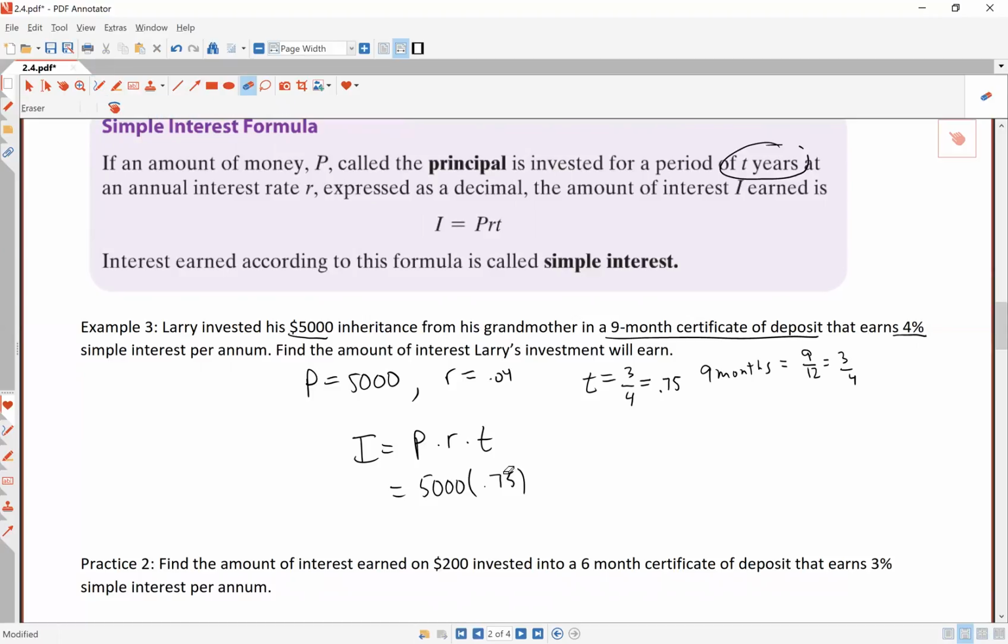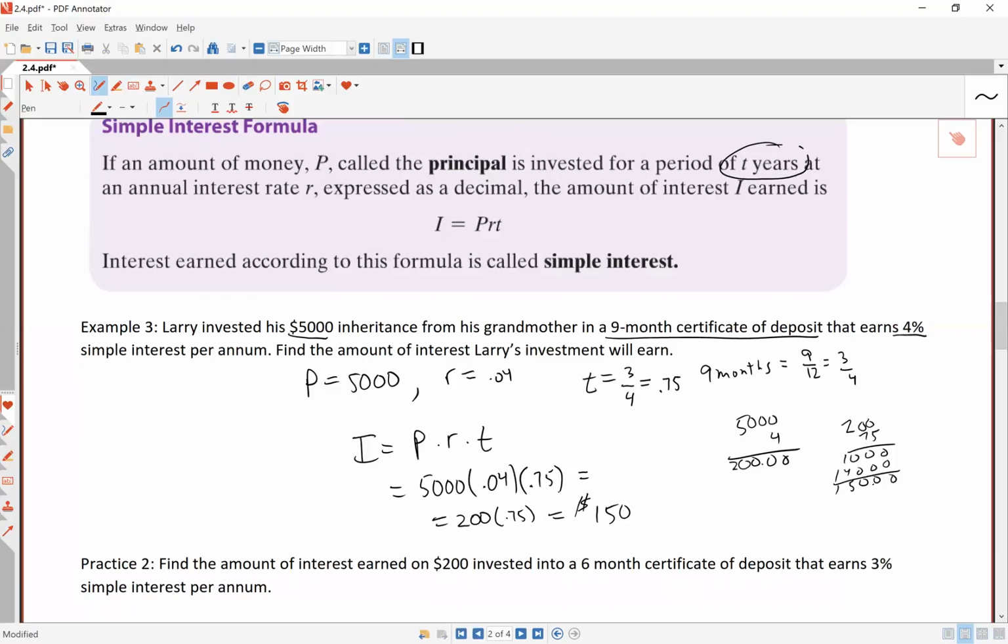The rate is 0.04, and the time is 0.75. 5,000 times 0.04 is 200. 200 times 0.75 is $150. So Larry made $150 in interest.